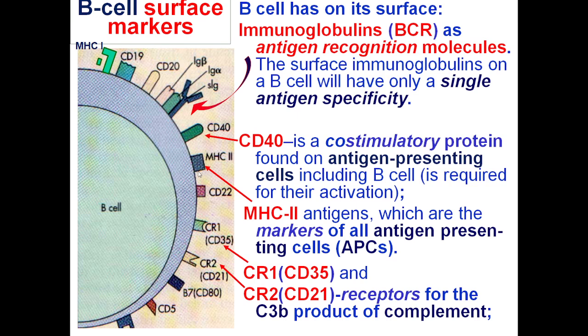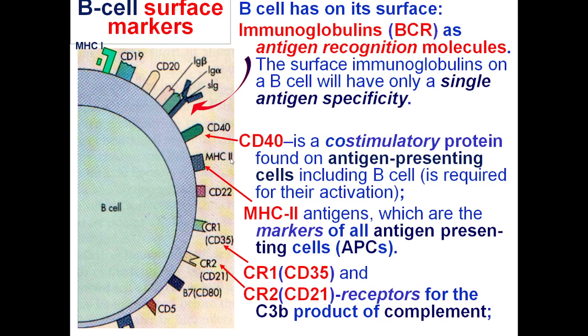B lymphocytes have MHC2 proteins that participate in the antigen presentation to the T helper cells when the B cell combines the antigen peptide of the microbe into a complex with the MHC2 receptor, and in this way displays this antigen-MHC2 molecule complex to the T helper cell, the naive T helper cell.